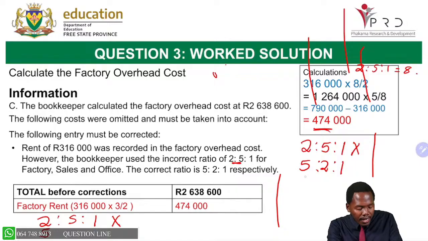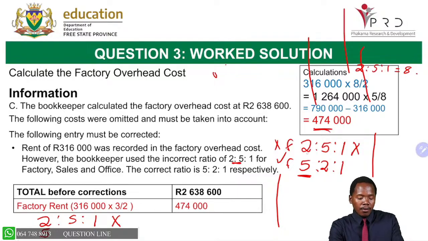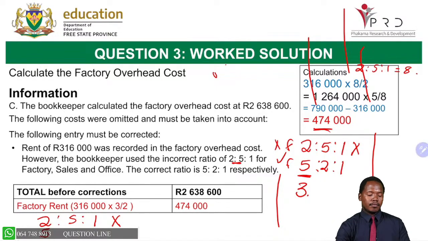Now, what do I do? Remember, this is factory, this is factory: wrong factory, correct factory. Now I will say 5 minus 2, I get what? 3. Okay? We'll get 3.